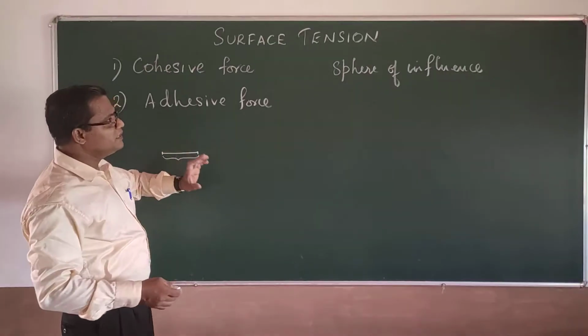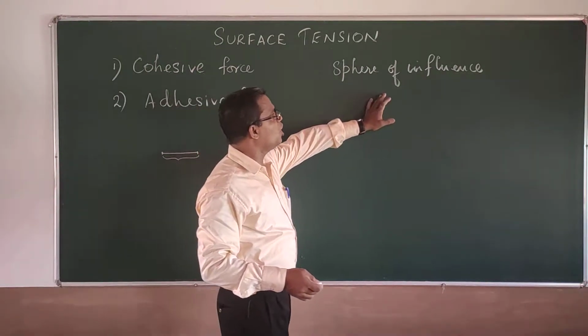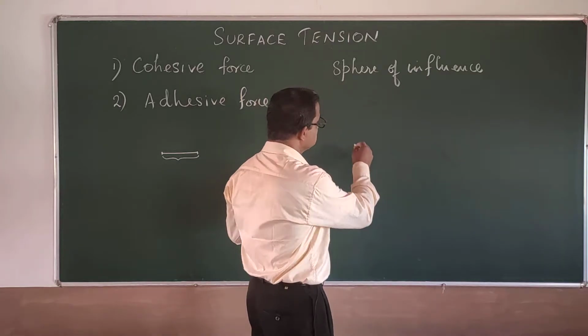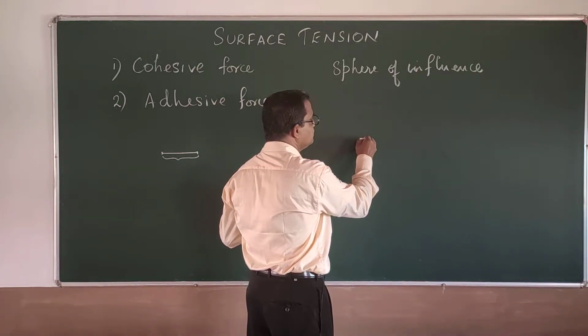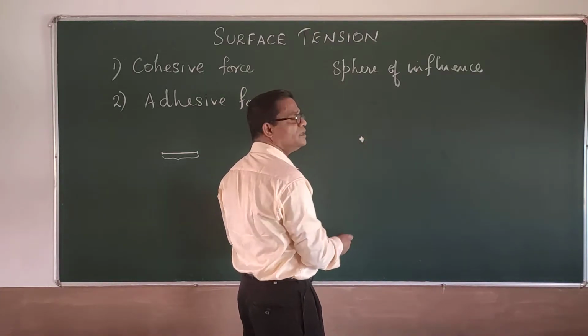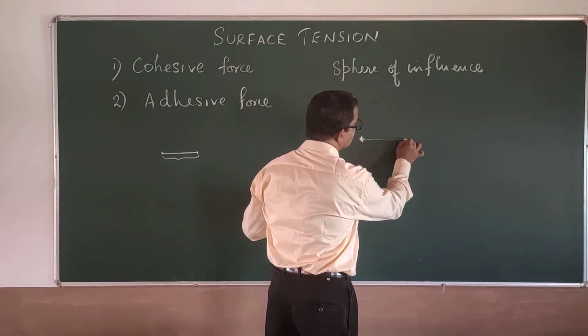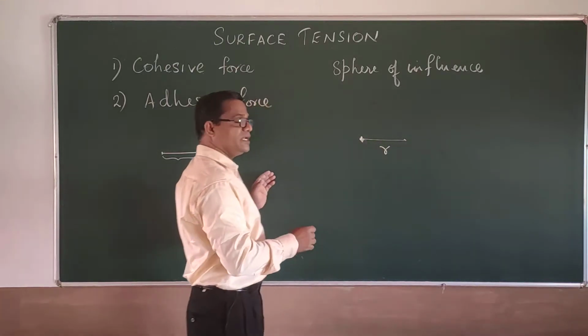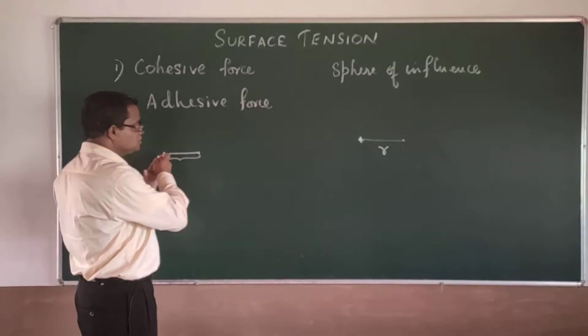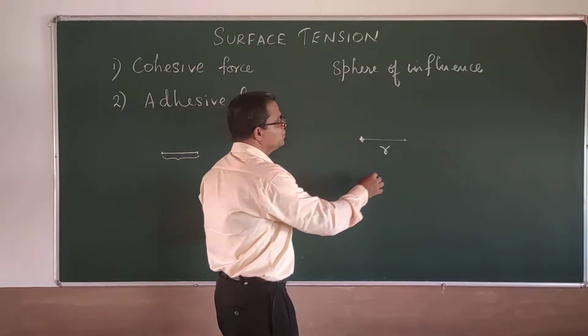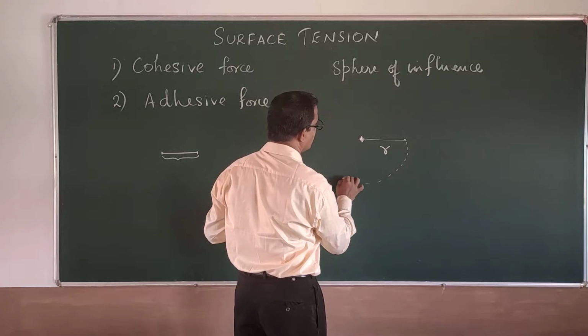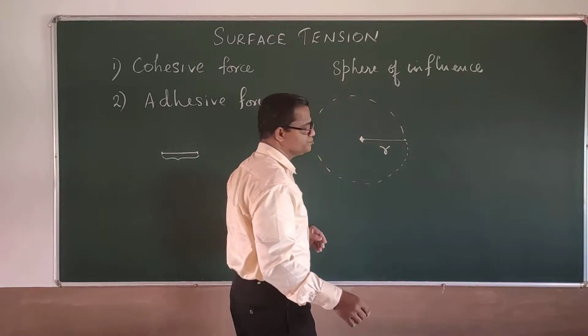And then, what is sphere of influence? If you take a molecule and take the molecular range as the radius, you can draw a sphere around this particular molecule.